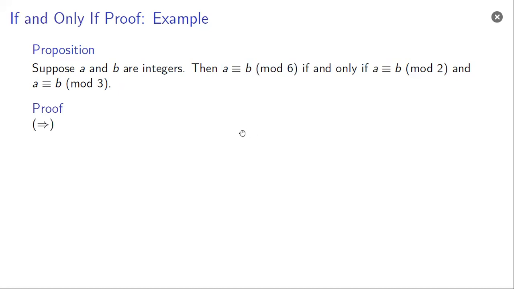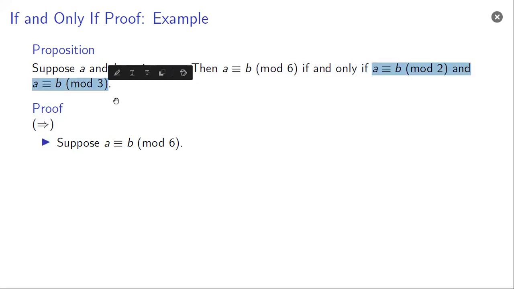Okay, so we're going to first do the forward direction. We're going to use direct proof. Suppose that A is congruent to B mod 6, right? So suppose that this is true, and our goal will be to show that this has to be true.